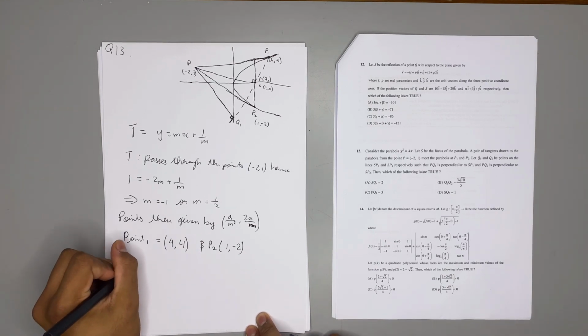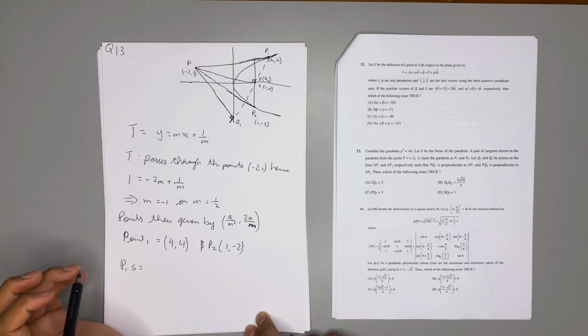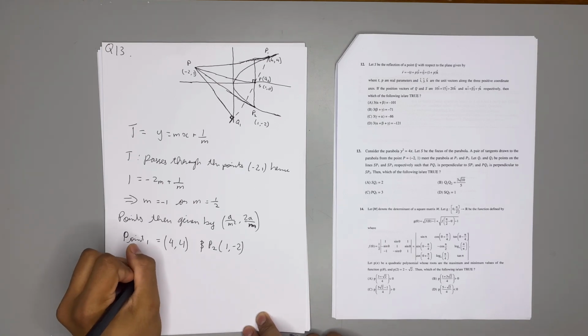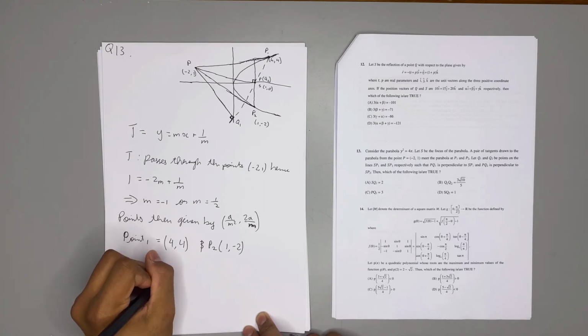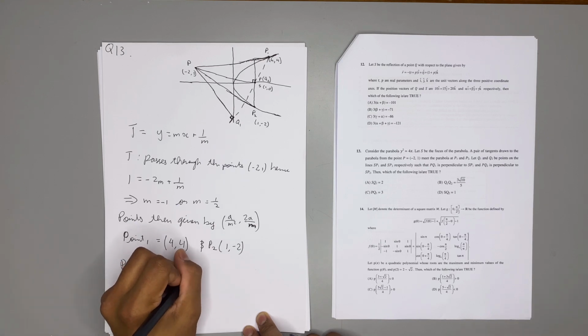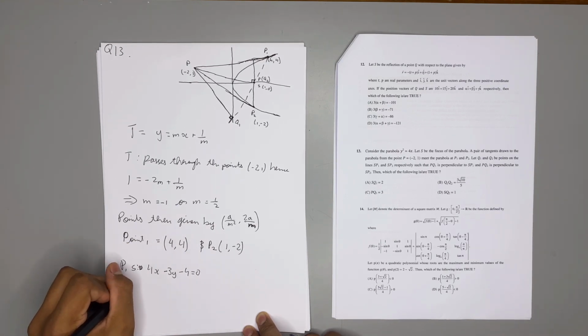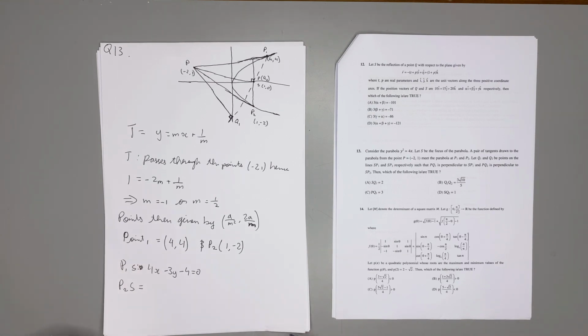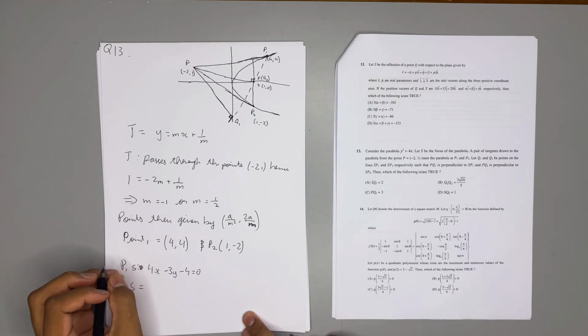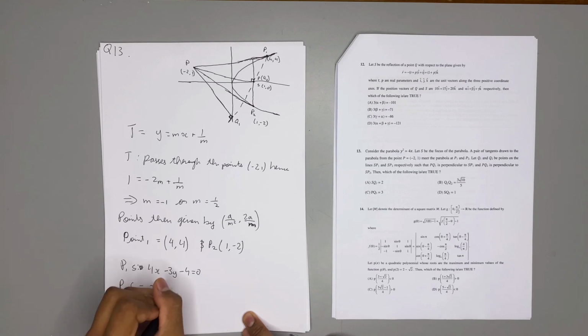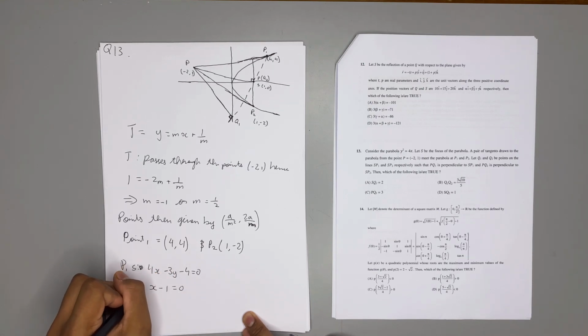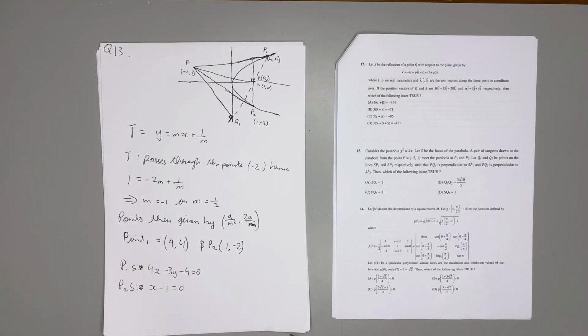P1 of S then equals 4x minus 3y minus 4 equals 0, and P2 of S equals x minus 1 equals 0. Correct?